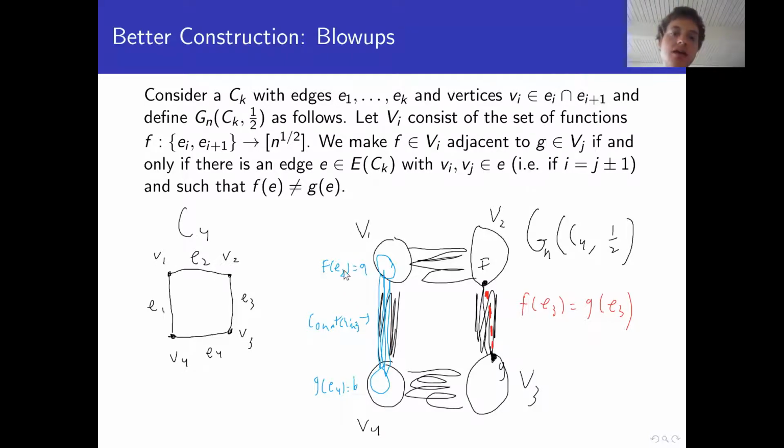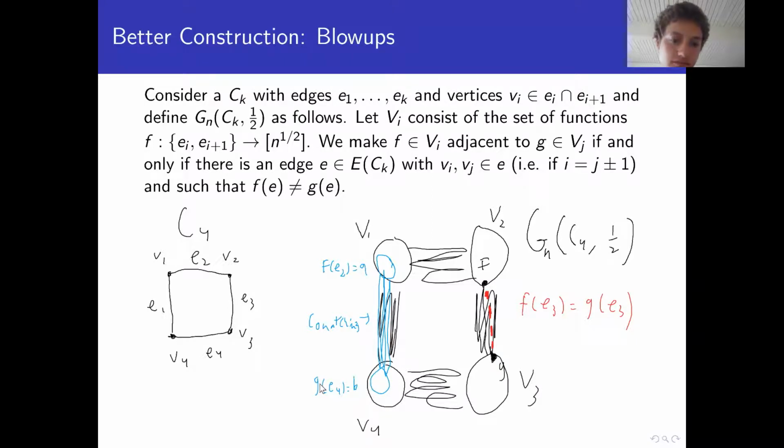So why is that? Well, once I tell you that all the f's here have E2 equal to a, f is a function. f is determined by 2 things: what it sends E2 to, and what it sends E1 to. So because I specify what E2 is, it's now completely determined by some integer from 1 up to n to the 1/2, which is what it sends E1 to.